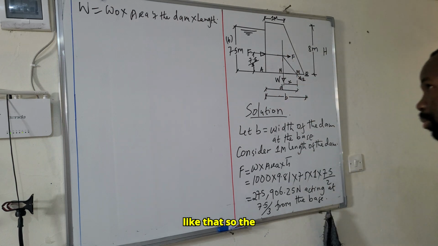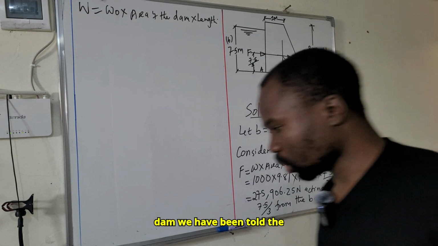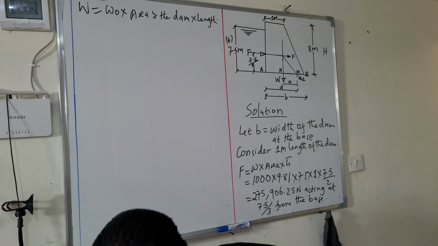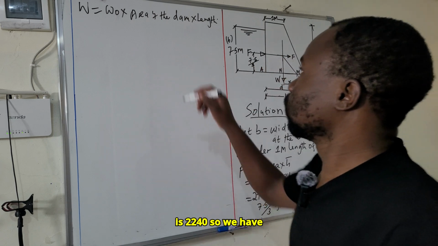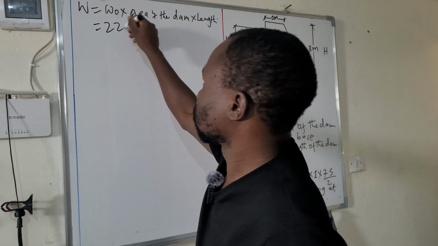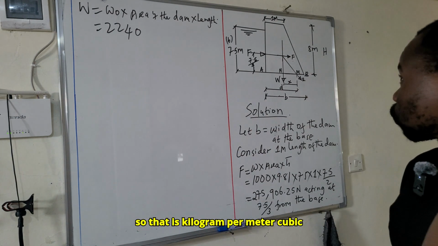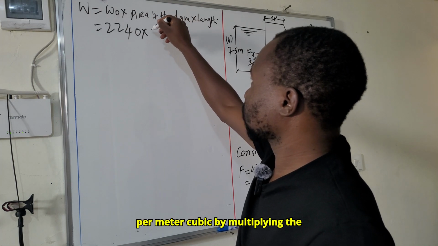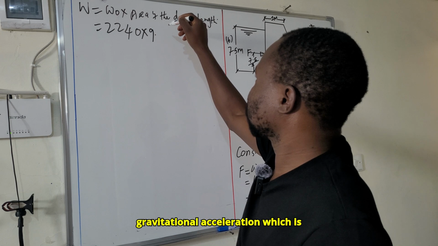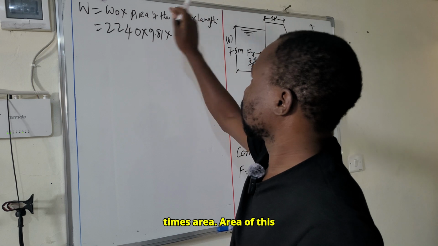The unit weight of the dam, we have been told the density of the masonry is 2240 kilogram per meter cubic. Again, we convert it to Newton per meter cubic by multiplying by the gravitational acceleration, 9.81, then times area.